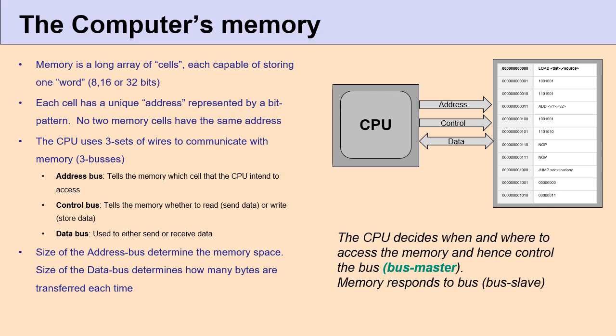So in that context, if the data bus width is small, we can only send a small amount of data at any given time. If the locker cabinet has a larger number of lockers, then we can put many different items in the lockers at any given time. Similarly, if the address bus has a larger width, a larger range, then the computer can have more memory associated with it.